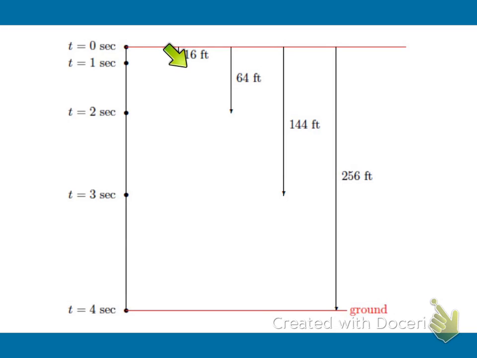And then by t equals 2 seconds, the ball has dropped 64 feet. At t equals 3, the ball is at 144. And at t equals 4, the ball has hit the ground, 256 feet down.